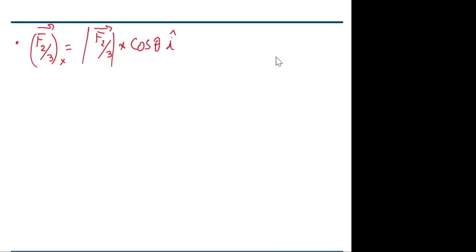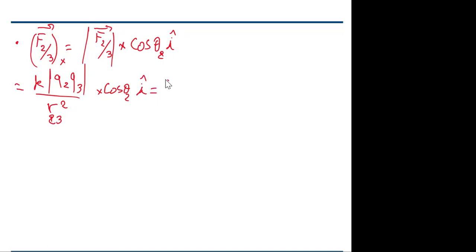This is the definition of the component. So it will be k, absolute value of q2 q3, the product between the two charges, divided by the distance between 2 and 3 squared, multiplied by cosine theta. Let's say this is theta 1 and this is theta 2 of the second vector, and this is the vector i.